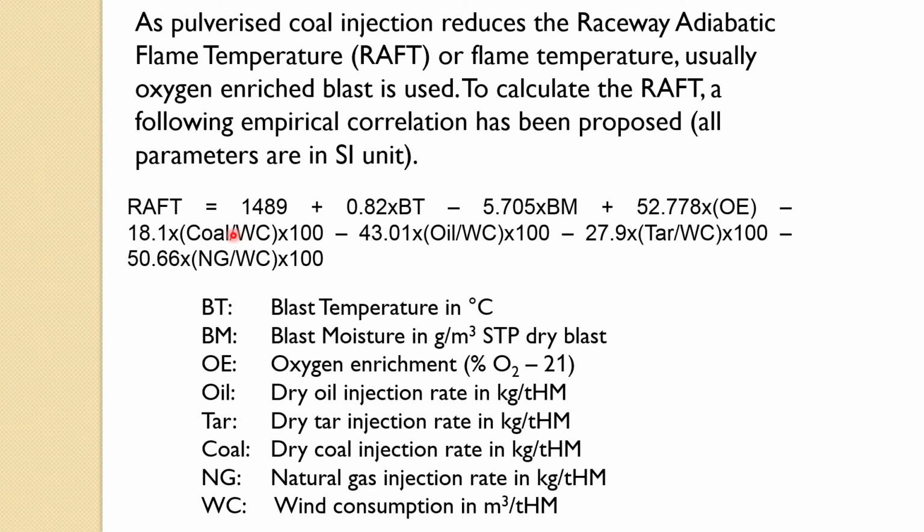Similarly, WC is the wind consumption, in meter cube per ton of hot metal. Similarly, the dry oil injection rate divided by the wind consumption. Similarly, the dry tar injection rate, and the natural gas injection rate in kg per ton of hot metal.